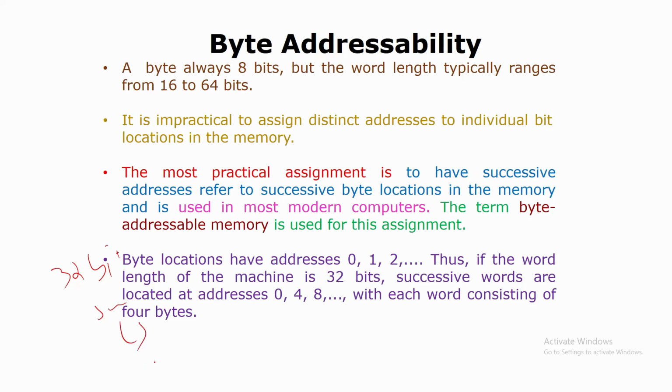Each word contains 4 bytes, so consecutive words begin from the addresses 0, 4, 8 and so on. Byte addressability provides flexibility, because a processor can access either a byte or a complete word whenever required.